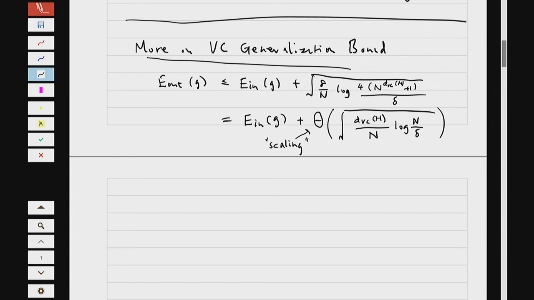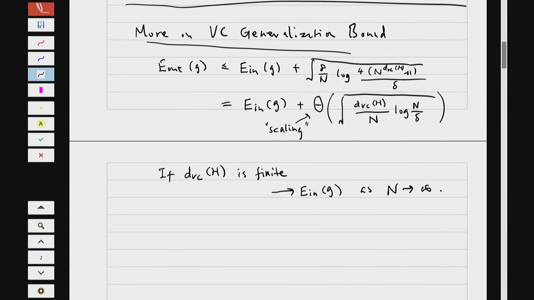So if the VC dimension d_VC is finite, then this thing approaches E_in of g, because as N goes to infinity, the big theta term goes to 0.